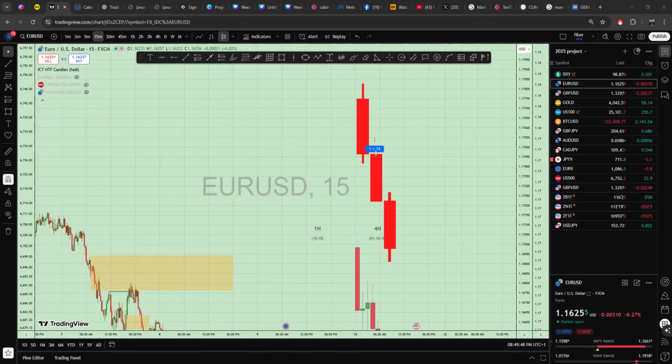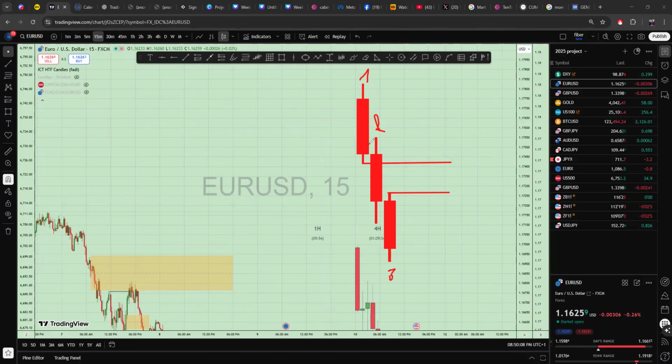This imbalance is always caused by the volume of price, and it's mostly in a three candle pattern, where we have candle 1, candle 2, and candle 3.